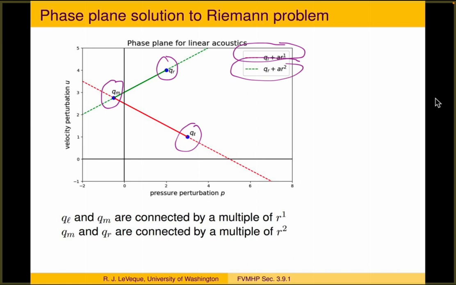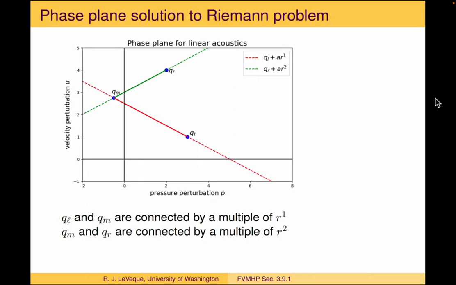And there's only one point that lies on both of these lines, assuming our matrix of eigenvectors is diagonalizable. These two lines are not collinear, and they intersect at exactly one point, and that is the solution of the Riemann problem. So in the phase plane, we can visualize the solution as the point where these two lines intersect.